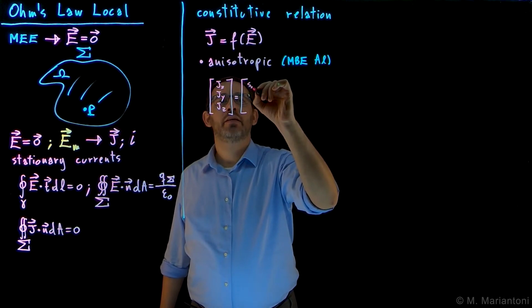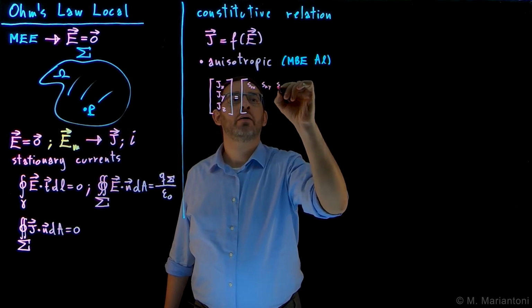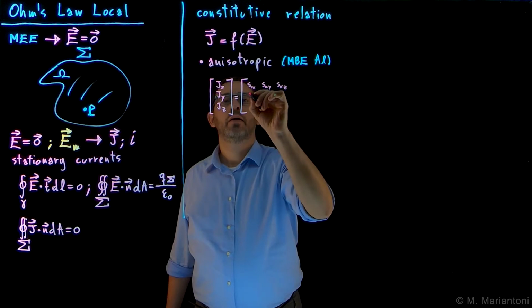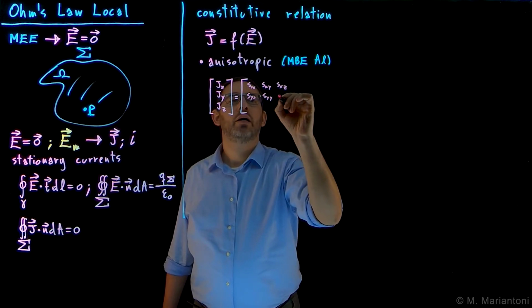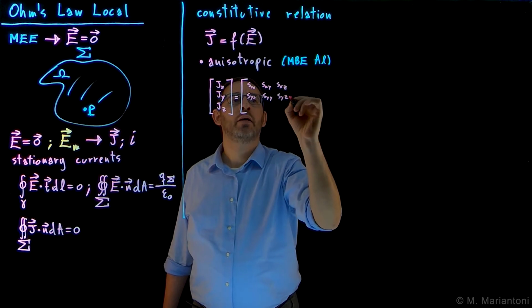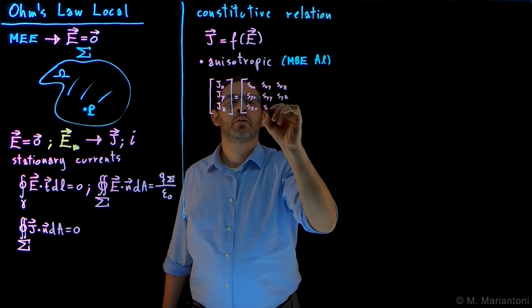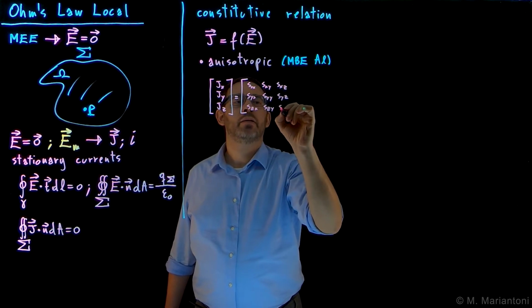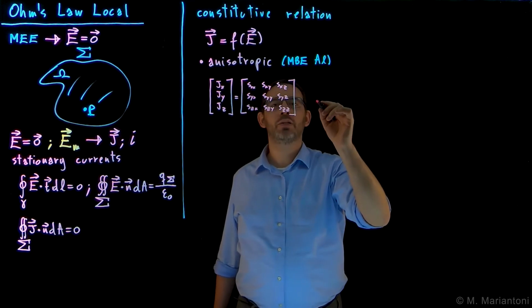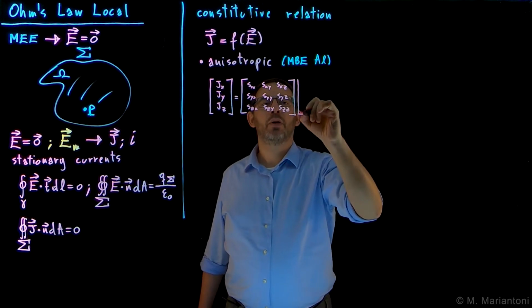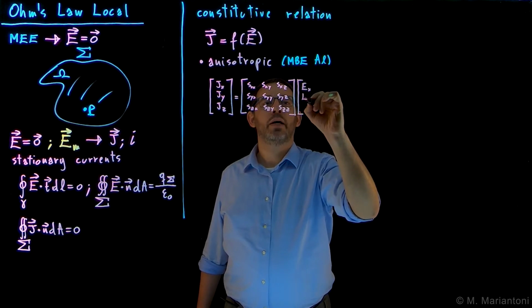So this will be sxx, sxy, sxz, and then syx, syy, syz, and finally szx, szy, and szz. So we have this 3x3 matrix, and this we need to multiply times the Cartesian components Ex, Ey, and Ez.